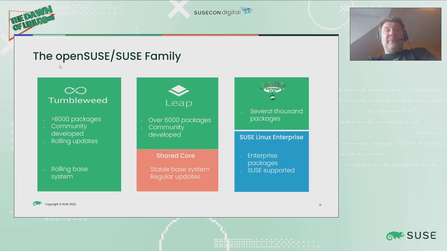But from time to time, actually, from time to time means once a year, we take a snapshot from Tumbleweed, and we create a thing called openSUSE Leap. That's much more stable. It went through the additional testing.